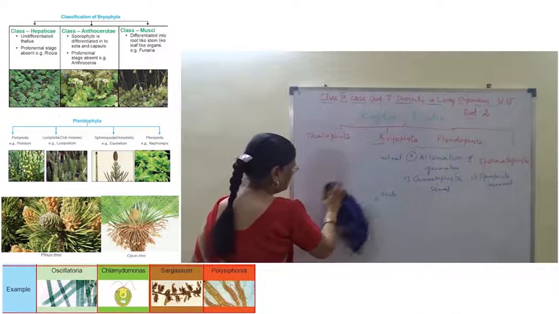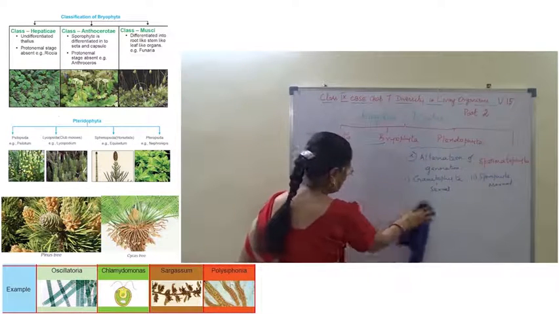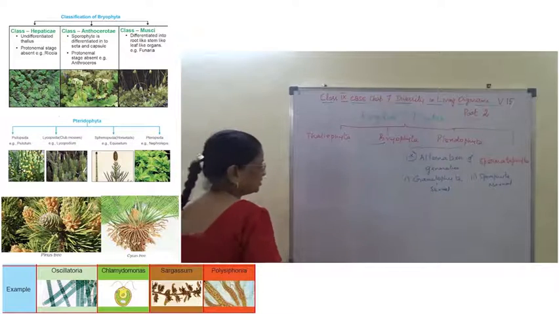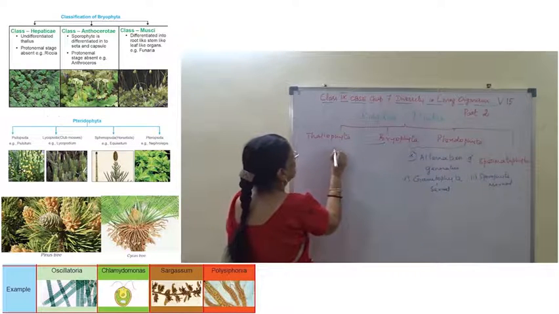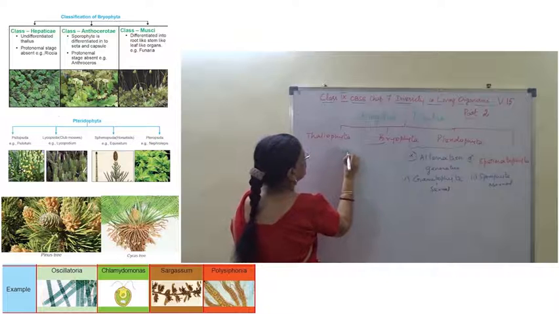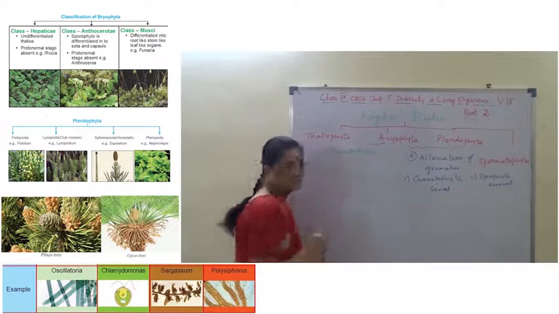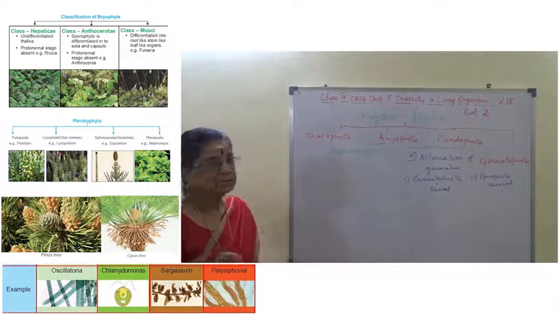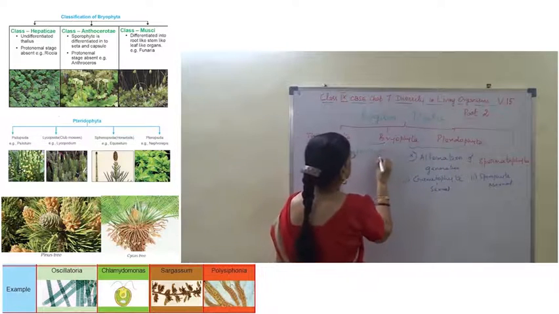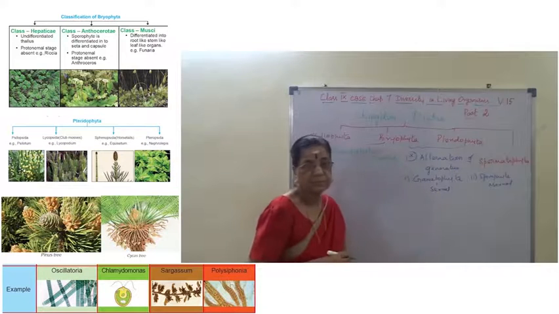In bryophyte, first we say alternation of generation, where the plant body here is a gametophyte. The plant body is the gametophyte, right? Then it is sexual reproduction, and the plant body is called thallus.